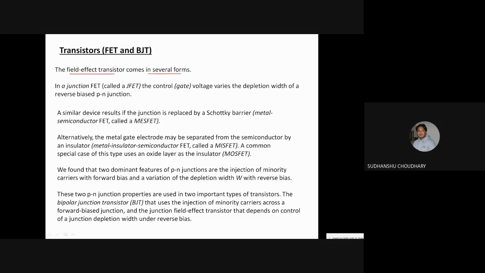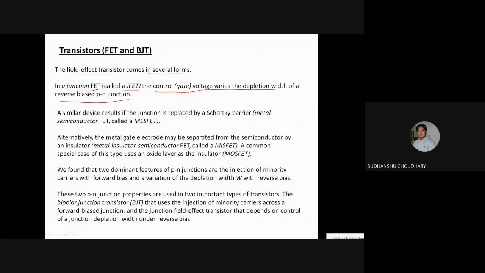One of the forms is, for example, called junction field effect transistor, or JFET. So we'll talk about this JFET. It is a junction field effect transistor, where the control voltage varies the depletion width of a reverse biased PN junction.